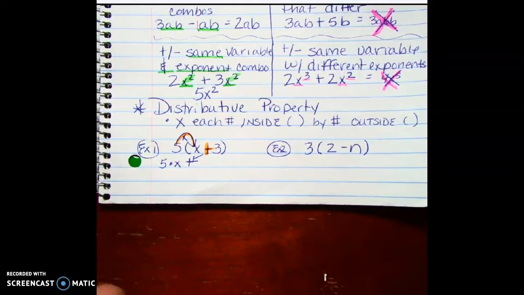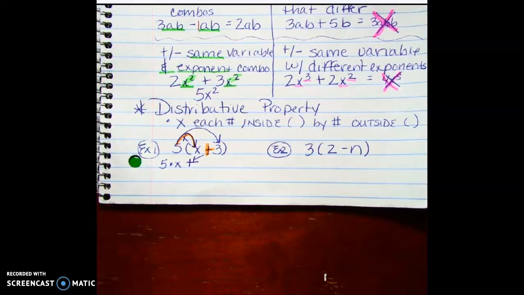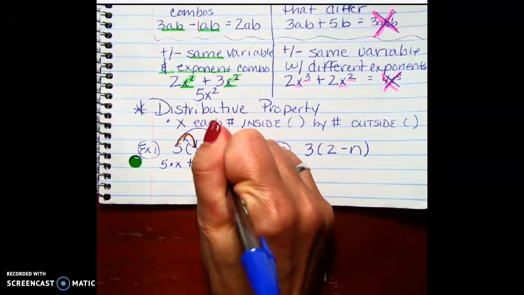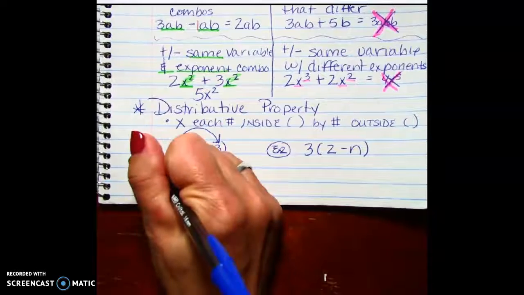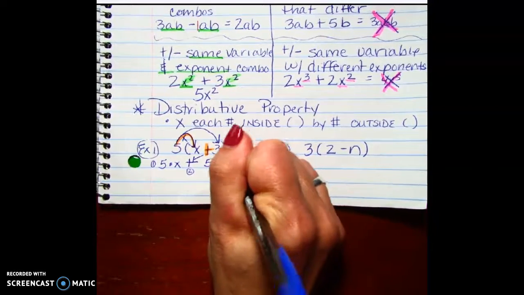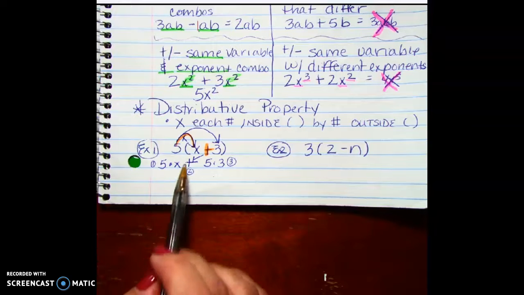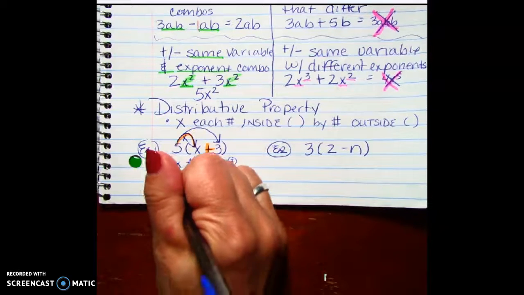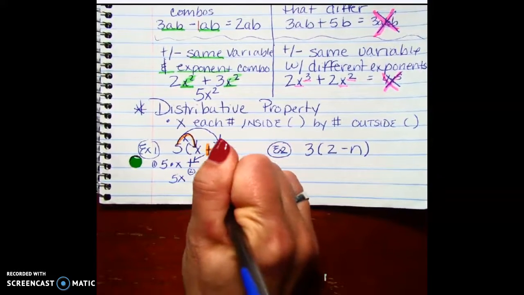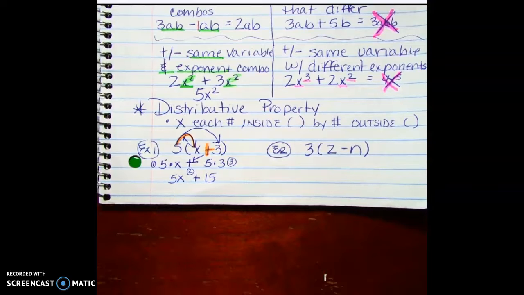Then we do the second number in parentheses, and we take 5 times 3. So this was our first, this was the second thing, and this was the third thing. Now I can make this a nice condensed little expression by saying 5 times x is 5x plus 5 times 3 is 15. And that would be my answer.